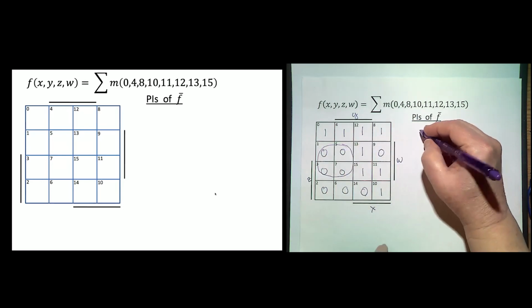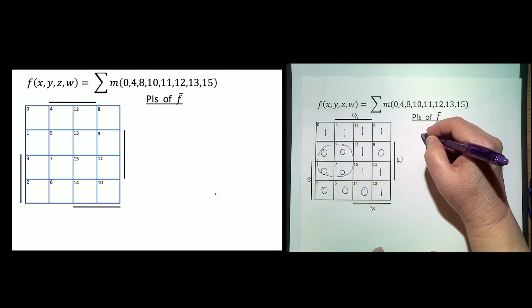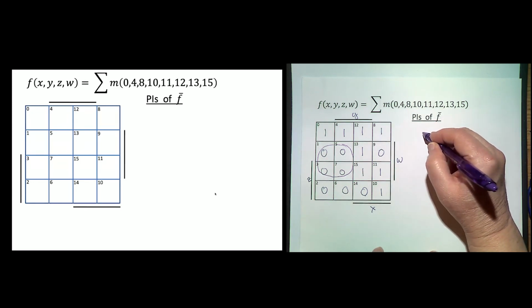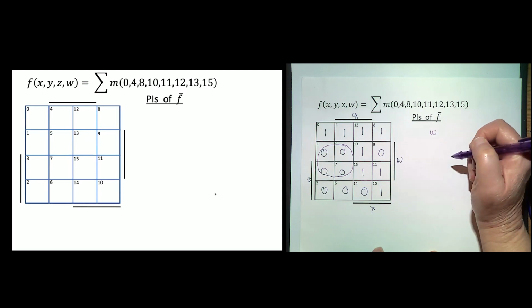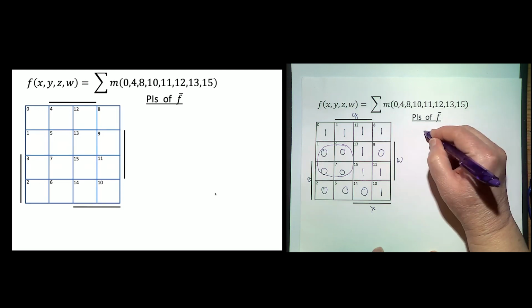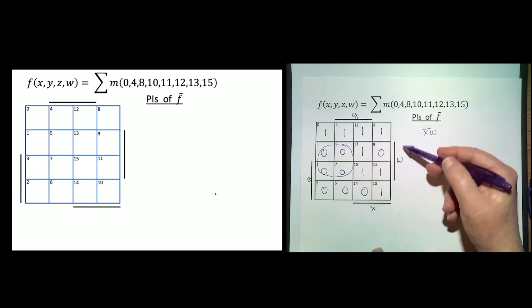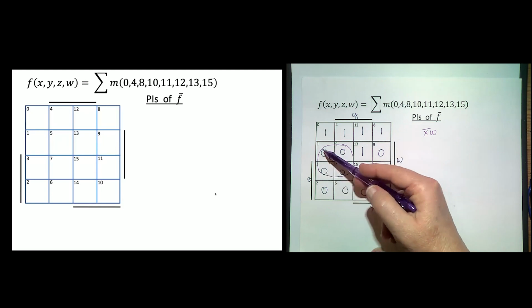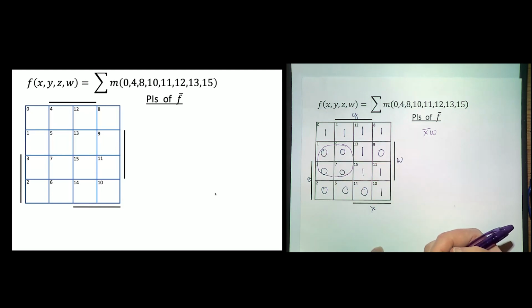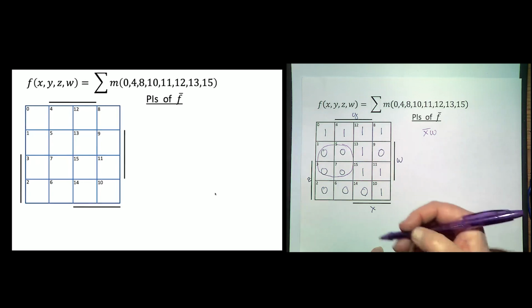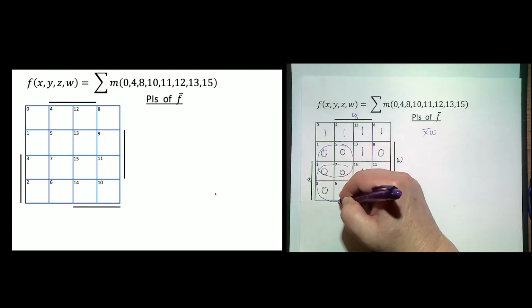What product term do I get for that? This one is outside of x, it's in w, it straddles z, and it straddles y. The one below, okay. What's this one?